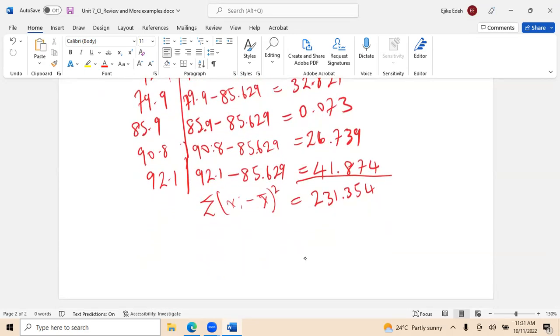So we are looking for the standard deviation. That's our interest, but we can get the variance first. We know the variance is the sum of theta minus the mean squared, divided by n minus 1.